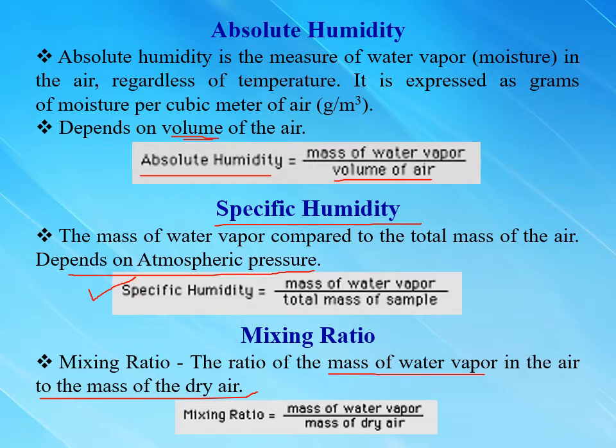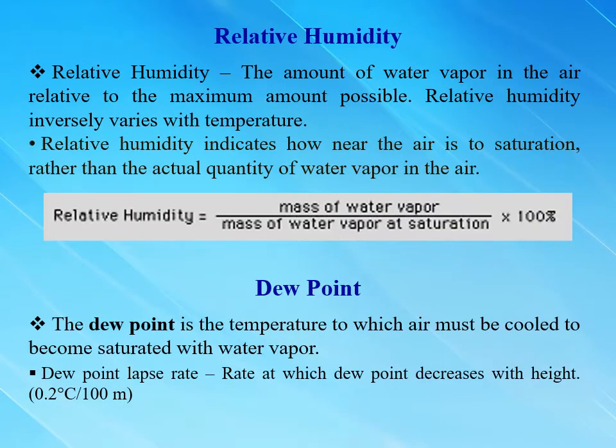Next, the relative humidity. Again, it is a ratio between the mass of water vapor divided by the mass of water vapor at saturated condition, multiplied by 100. So it is expressed as a percentage.